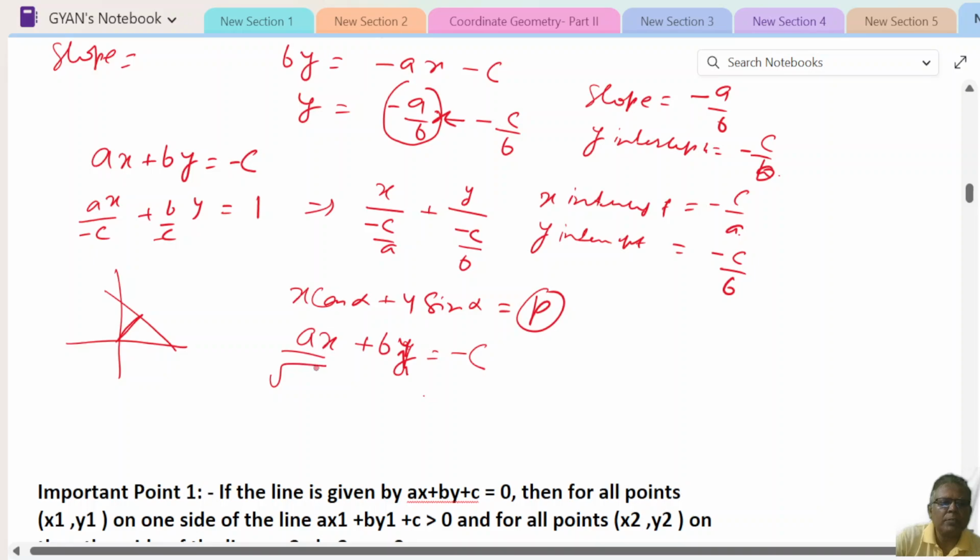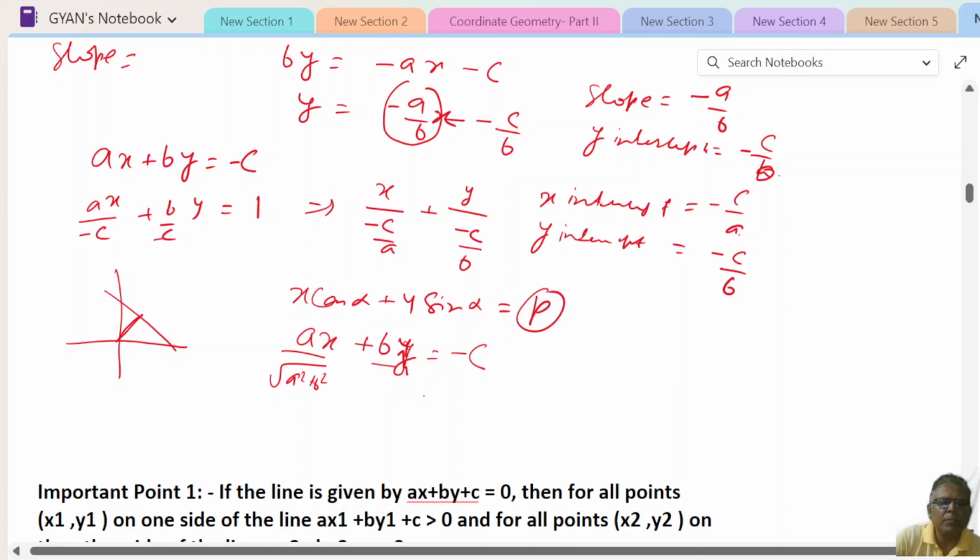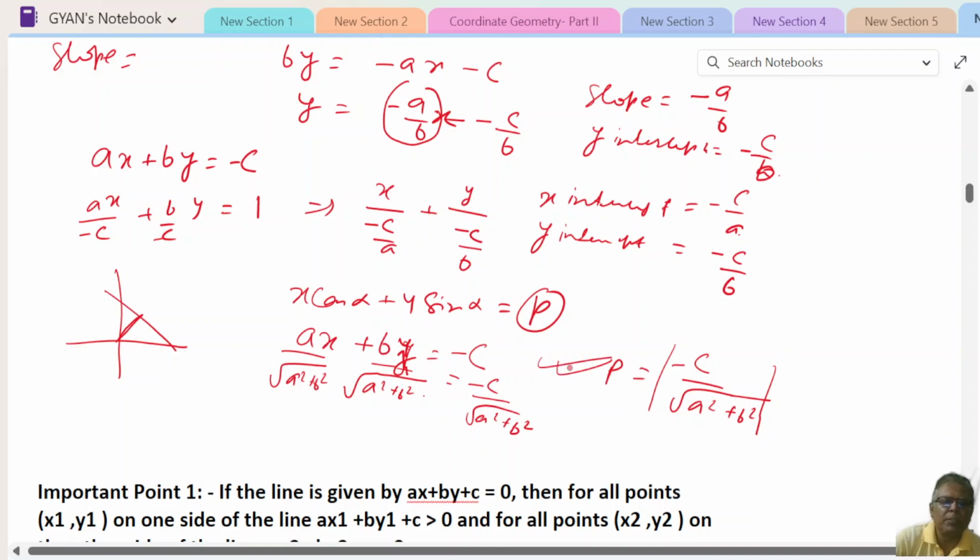You divide this by root over a square plus b square, which is equal to minus c by root over a square plus b square. So p will be minus c over root a square plus b square. So this way you can find the p.